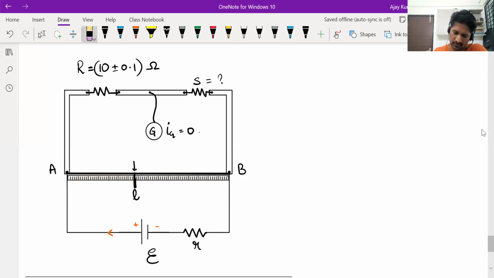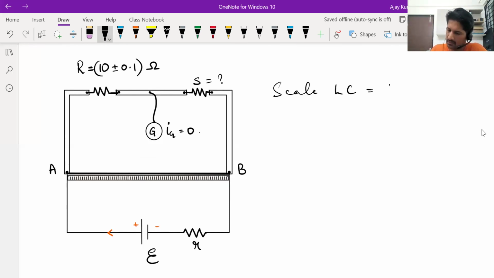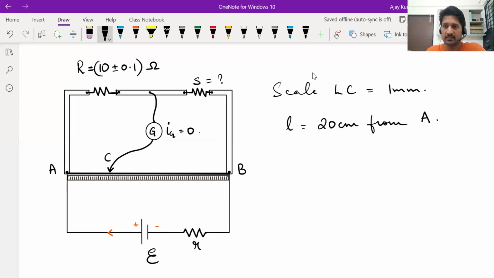And the scale is a usual meter scale with a least count of 1 mm. Scale least count is 1 mm. And assume the balancing length is found to be 20 centimeters from A. Now see, the scale has a least count and you are seeing that the balancing point is at 20 centimeters. Then what is the actual way of reporting this length? Can you say it is exactly 20.00 or 20.0?